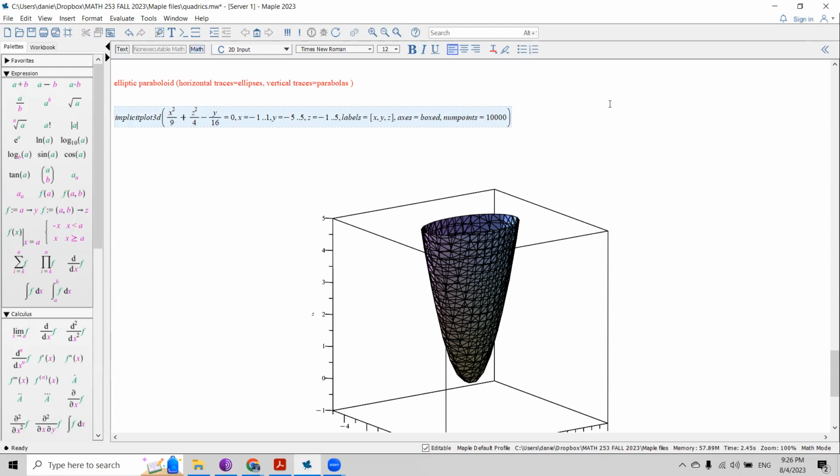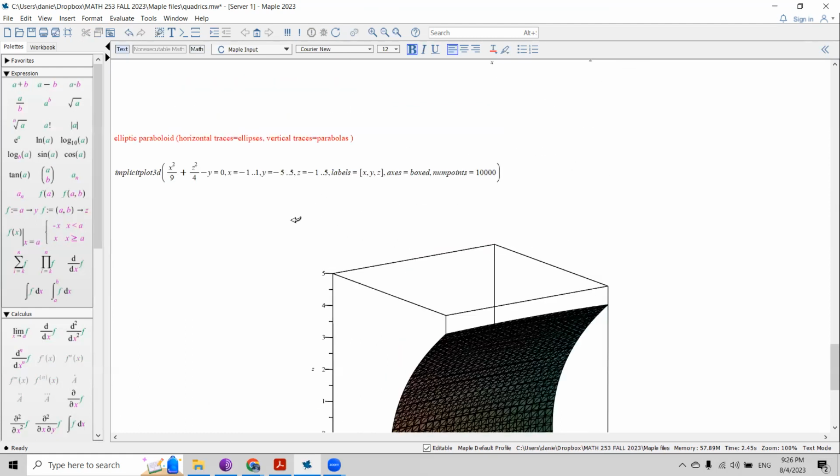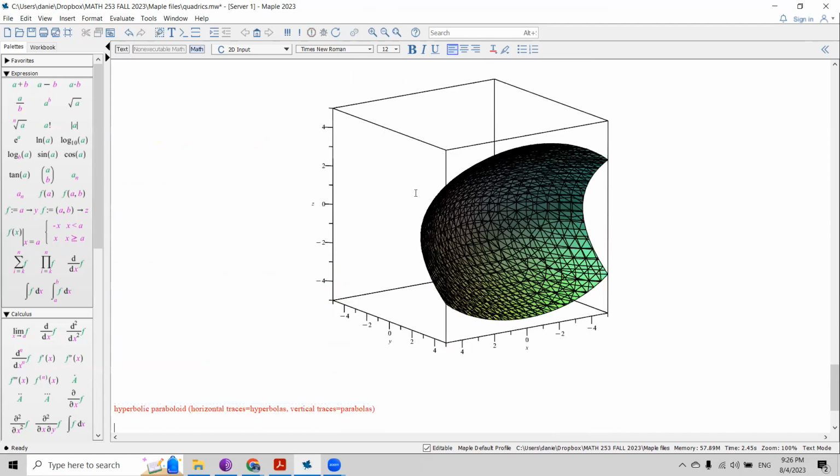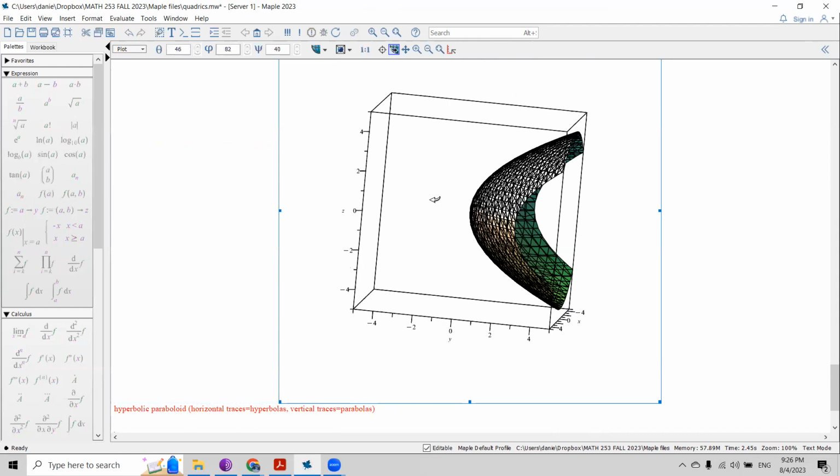That's going to be, again, a paraboloid, but along which axis? You can pause and try to answer, but obviously it's going to be along the y-axis. Now, you always have to play around with the range because the viewing box may not be suggestive enough, right? So it's going to be along the y-axis, okay?